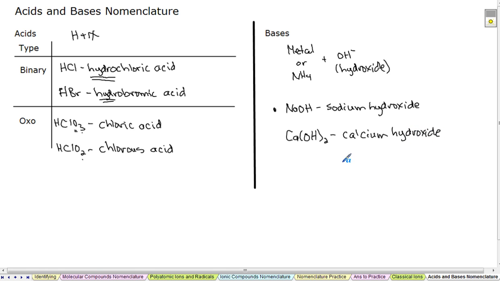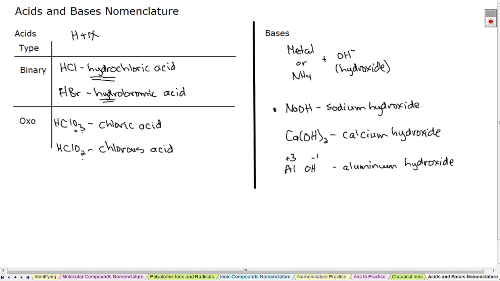And say I asked you, well, what does aluminum hydroxide look like? Sort of work backwards. I've given you the name, determine the chemical formula. Well, again, we write the charges of the ions. So aluminum has a +3 charge, and hydroxide has a -1 charge.